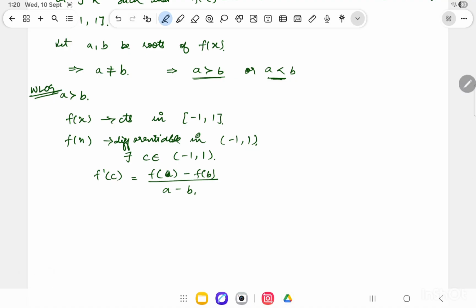Since f(x) is continuous in [-1, 1], we can say that f(x) is continuous in the closed interval [a, b]. Likewise, f(x) is differentiable in the open interval (a, b). Then by Lagrange's theorem, there must exist c in between b and a. We have assumed b to be smaller, so this interval must be (b, a).